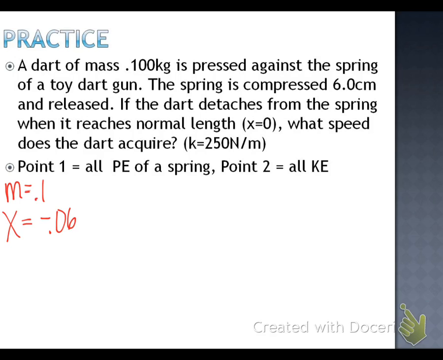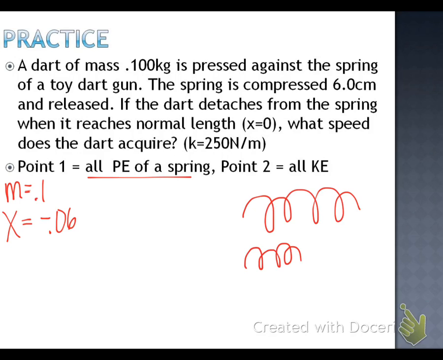Okay. All right. So if we have all potential energy when this spring is compressed, because if we have a spring that's just like normal, and then we compress our spring, we're 6 centimeters back from where we started. Does that make sense?